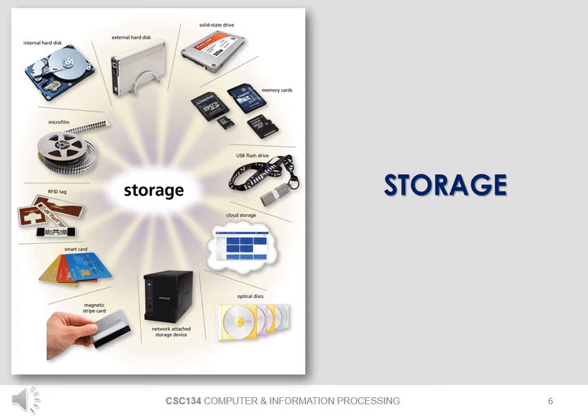This is an example of the storage. We have internal hard disk, external hard disk, solid state drive, memory card, USB flash drive, cloud storage, and optical discs, and many more.